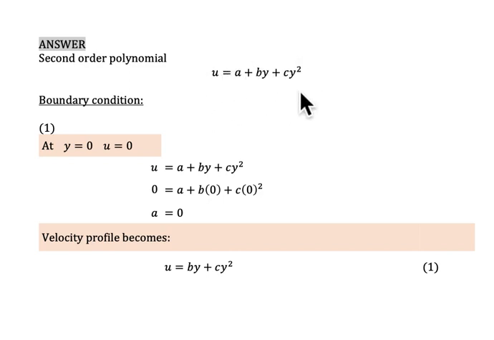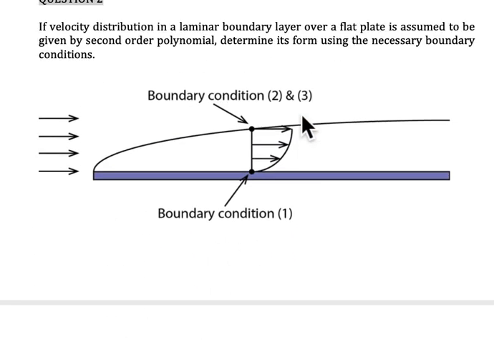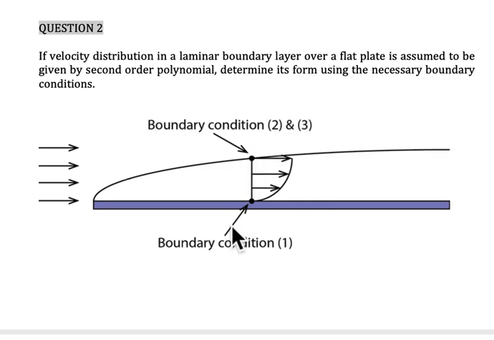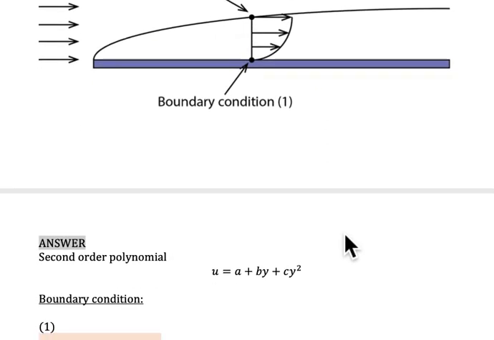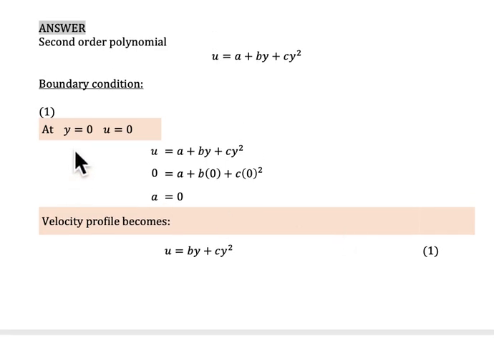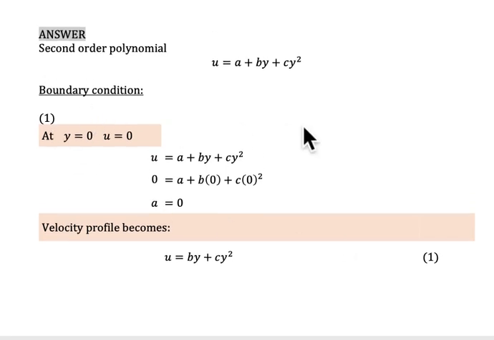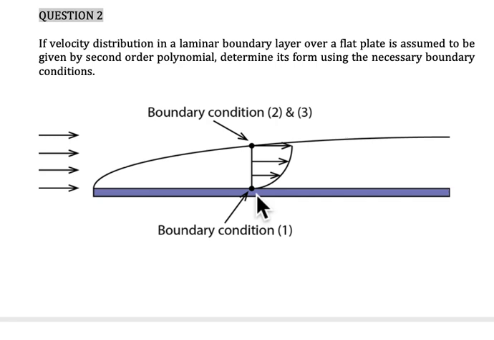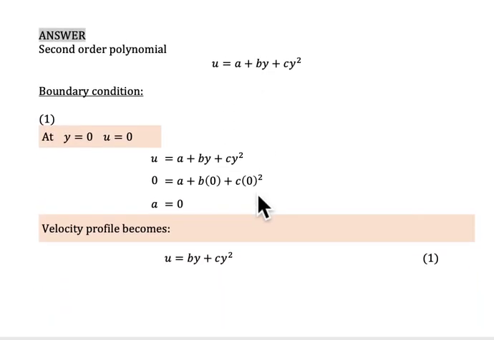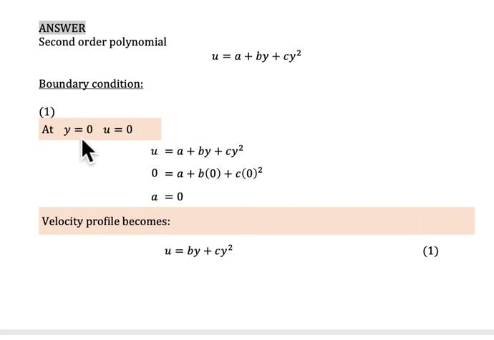So how to get those 3 equations? We derive them from the boundary conditions as we see here. For boundary condition number 1, please refer to this one here. At this point, at y equal to 0, the local velocity u must equal 0. Why must it equal 0?